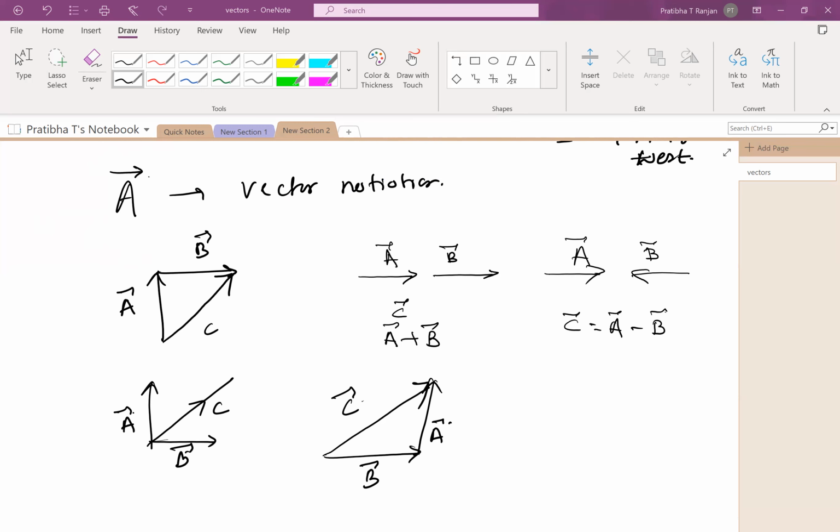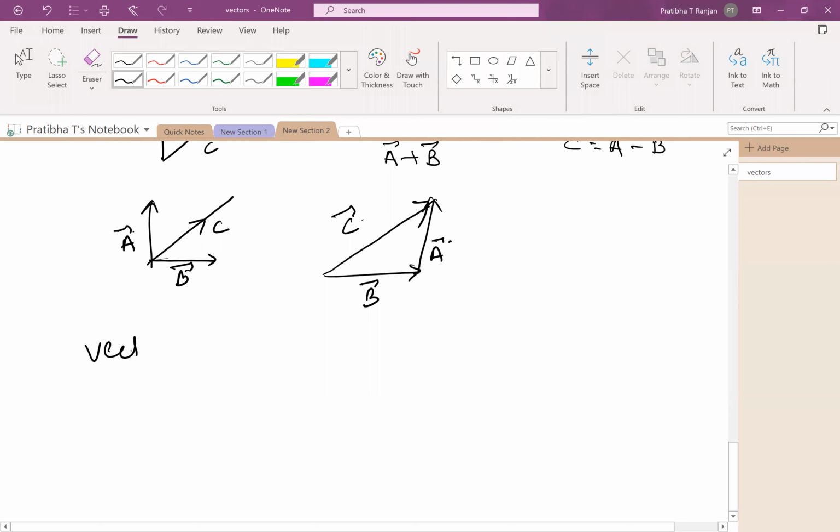Now the first one is the vector addition. Vector addition means adding two vectors.